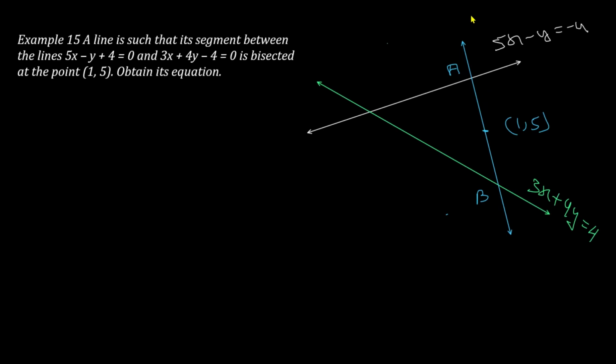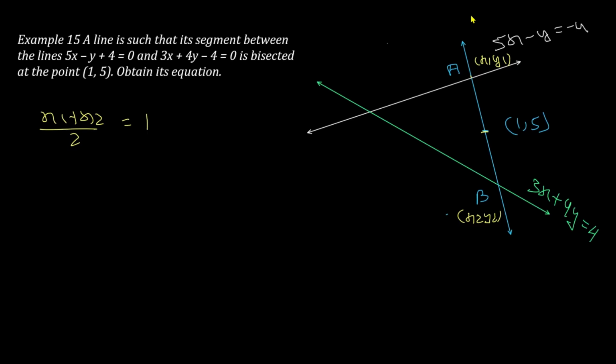Now to do so, let's say I take this point A whose coordinates I'm taking as x1, y1, and B whose coordinates I'm taking as x2, y2. Now the first relation I can use is the midpoint formula, a special case of the section formula. Since (1, 5) is the midpoint, x1 plus x2 upon 2 should be equal to its x coordinate, which is 1.